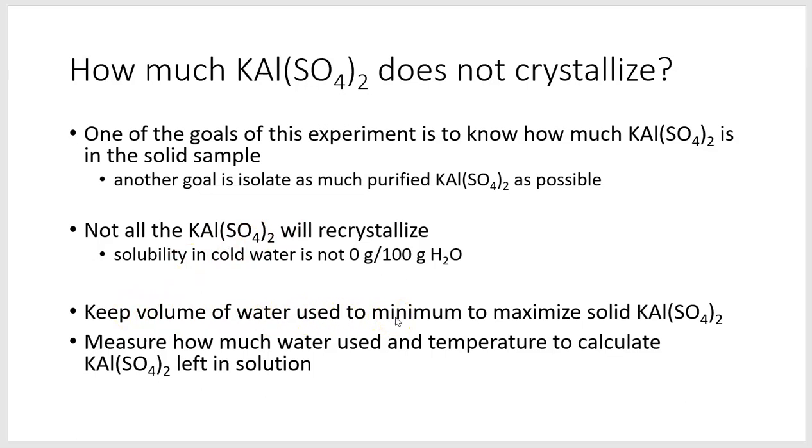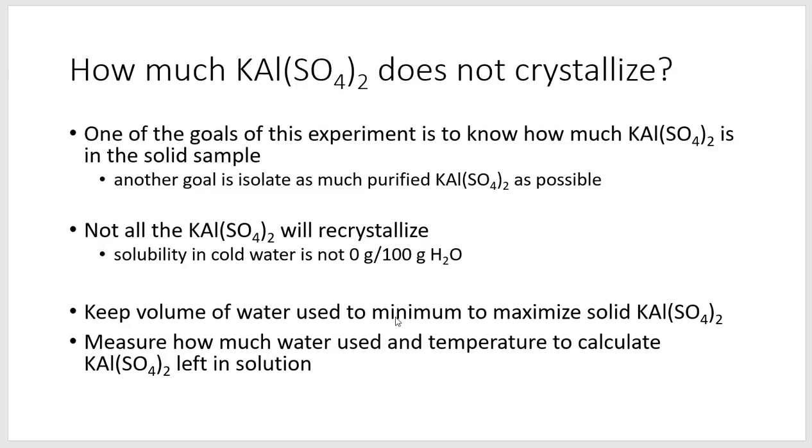When we dissolve the sample at the beginning, we want just as much water as necessary. We don't want to use a whole lot of water. And when we wash the solid with cold water on the Buchner funnel, we want to use a minimum amount of water. Then we'll measure how much water was used to dissolve and how much to wash.